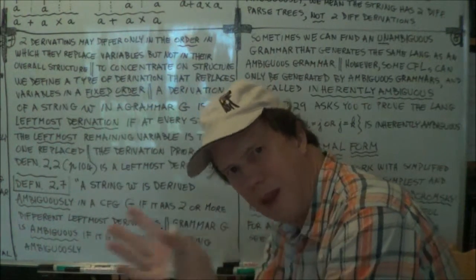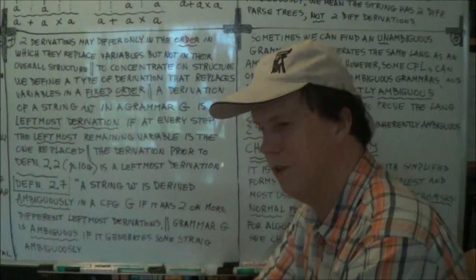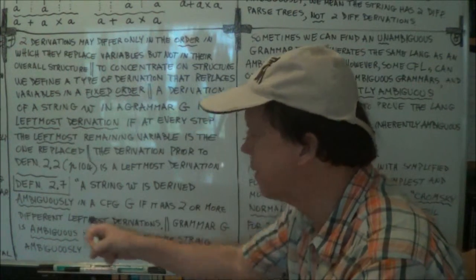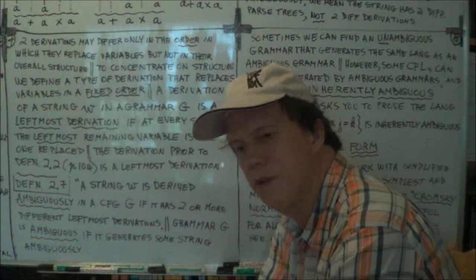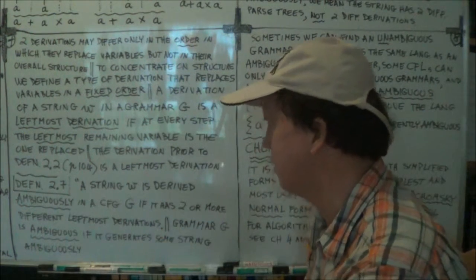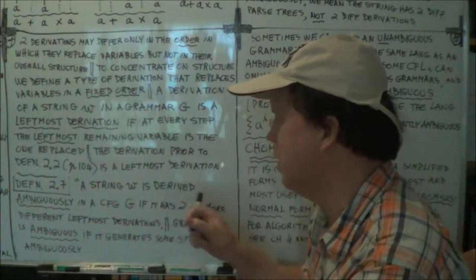So to get rid of those differences you use leftmost derivation. And if, despite doing this, you still get the same string with 2 different parse trees, then you have ambiguity. Right? So that would be an ambiguous derivation.